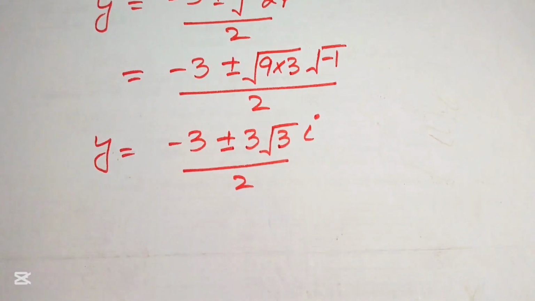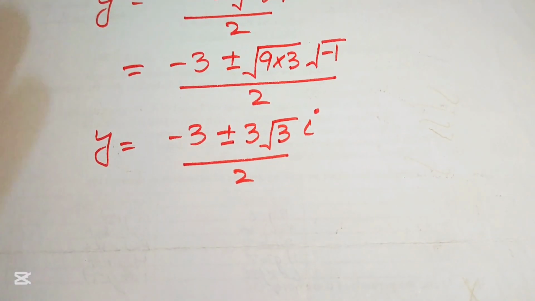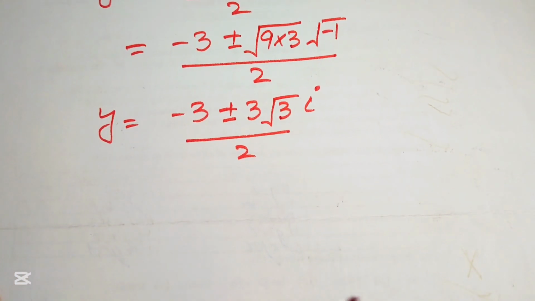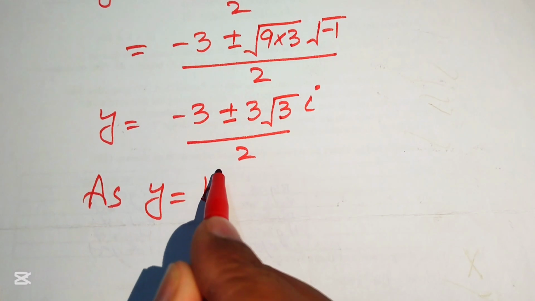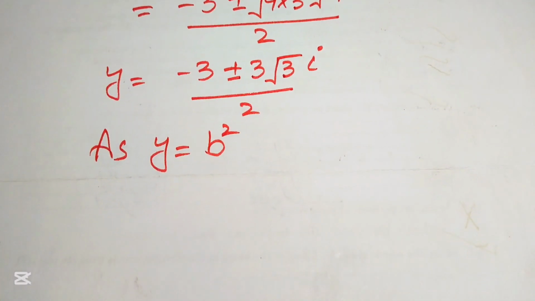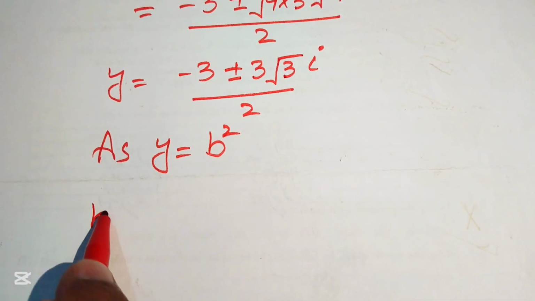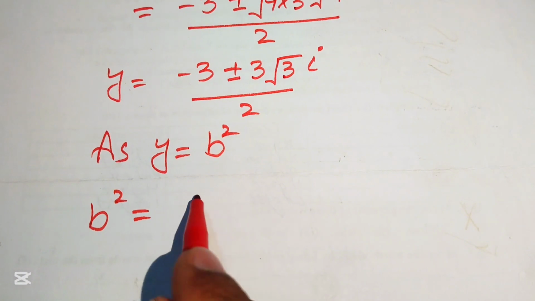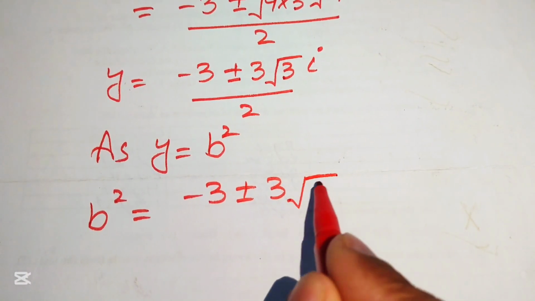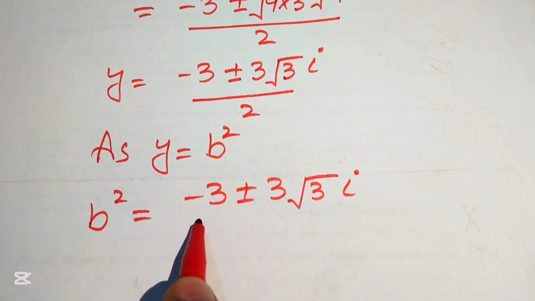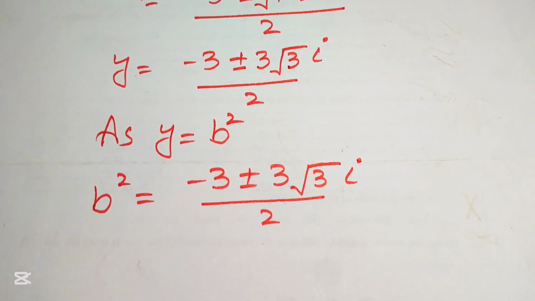So these are the two values of y. Now we need to back substitute the value of y, as we have y equals b square. So b square equals minus 3 plus minus 3 into square root of 3 iota, divided by 2.